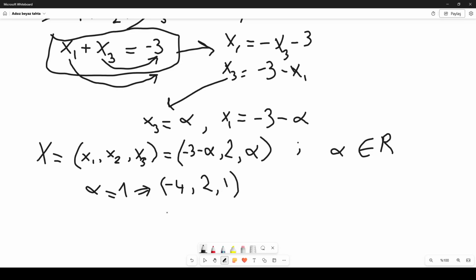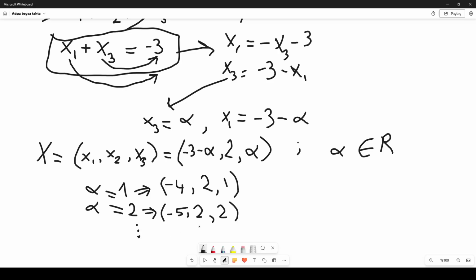This is a solution, right? But if I take alpha equal to 2, then this is another solution. This also satisfies, right? Then minus 5, 2 and 2.